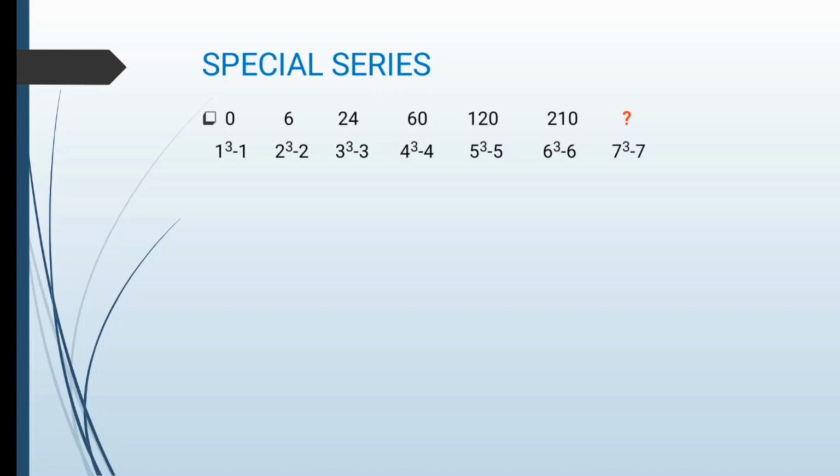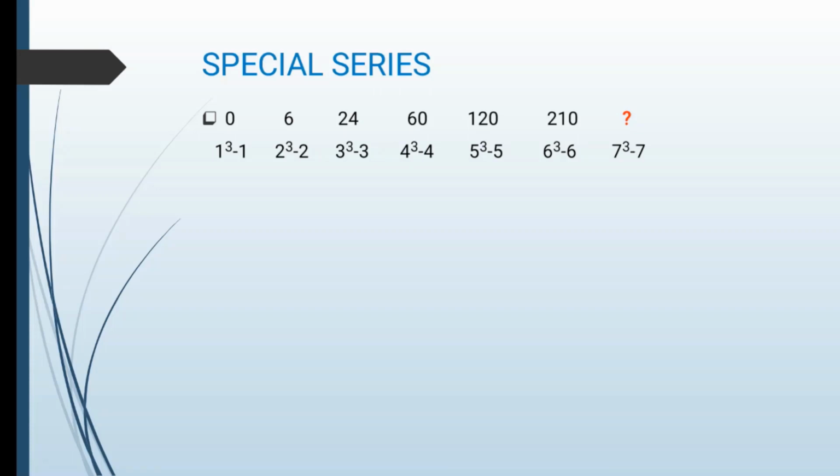Next, we have a special type of series where squares and cubes are indirectly implemented. For instance, in this sequence, as you can see, the squares and cubes or any type of cube cannot be easily identified. Actually, this sequence is basically a number's cube minus that number. So 0 is 1 cube minus 1.